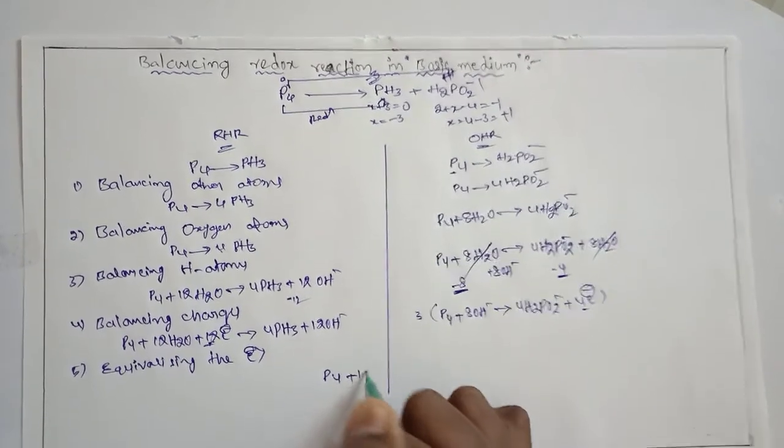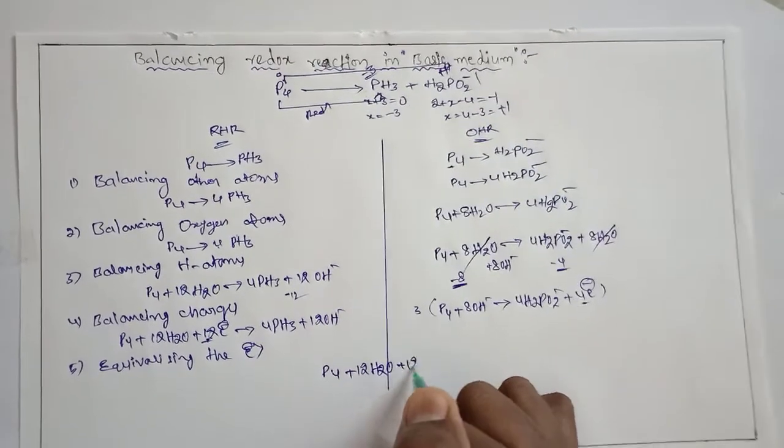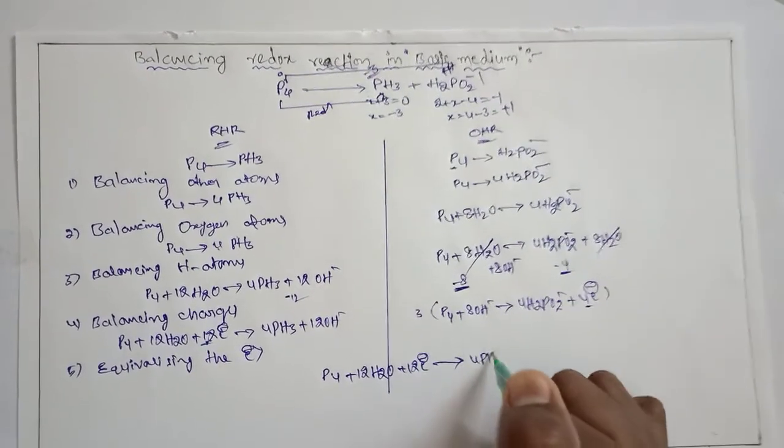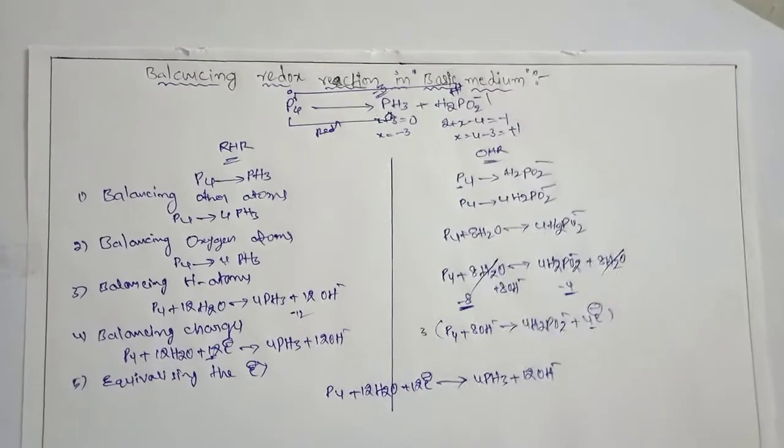By multiplying, this is P4 + 12 H2O + 12 electrons gives 4 PH3 + 12 OH⁻.